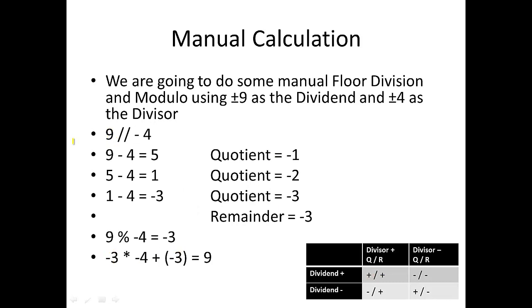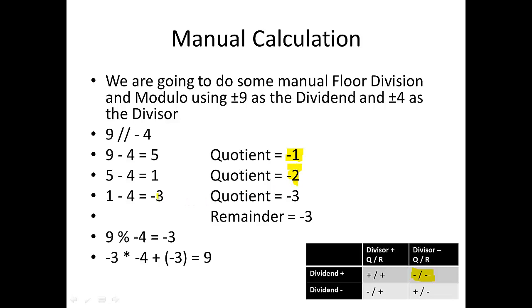Okay, here we are in the second case, which is 9 floor divided by negative 4. So we are in this case here. So we start off doing 9 minus 4 equals 5, which gives us 1 for the quotient so far. Then we can do 5 minus 4 equals 1, so we do 2.